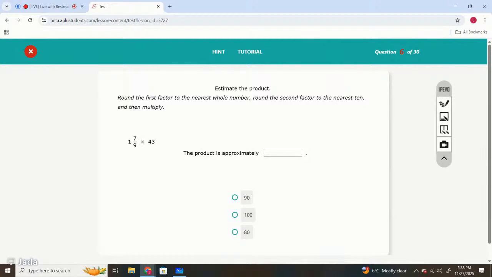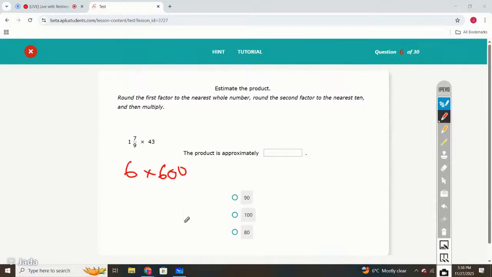1 whole 7 over 9 times 43. So 1 whole 7 over 9 is rounded to 2 because the fractional part is more than half. So it would be rounded to 2, and 43 is rounded to which 10? It would be rounded to 50.